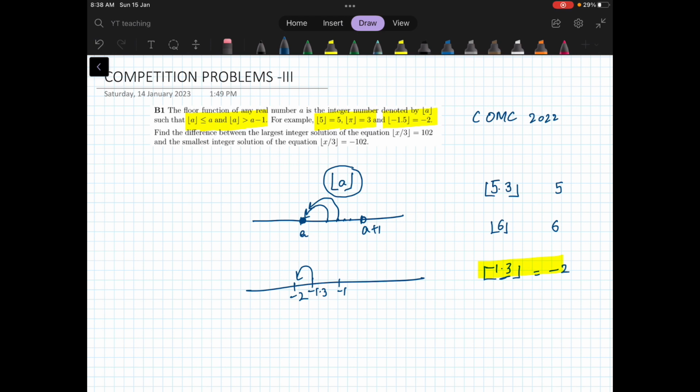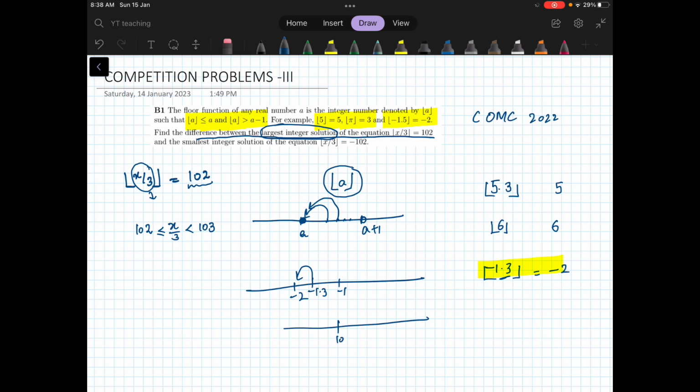Now the question is, find the difference between the largest integer solution of the equation, floor of x by 3 equals 102, and the smallest integer solution of another equation. First, for this number's floor function to be 102, the number should be between 102, included, and 103, not included.